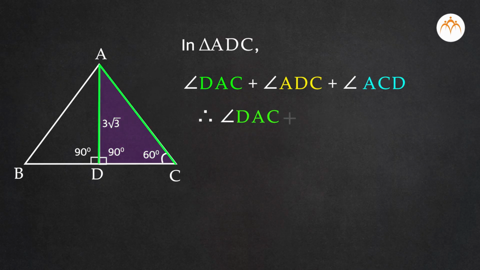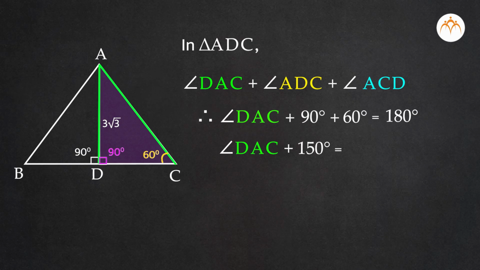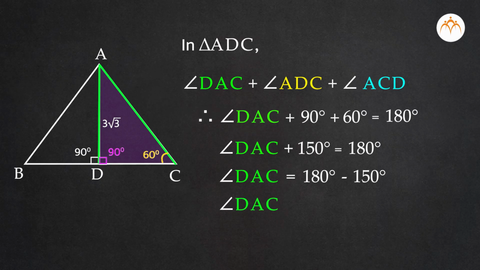Therefore, angle DAC plus 90 degree plus 60 degree is equal to 180 degree. Therefore, angle DAC plus 150 degree is equal to 180 degree. Therefore, angle DAC is equal to 180 degree minus 150 degree. Therefore, angle DAC is equal to 30 degree.